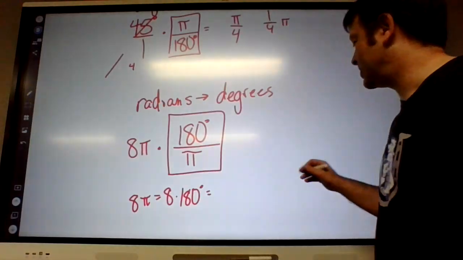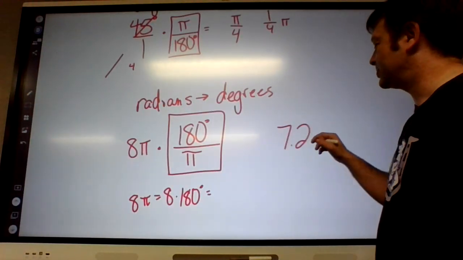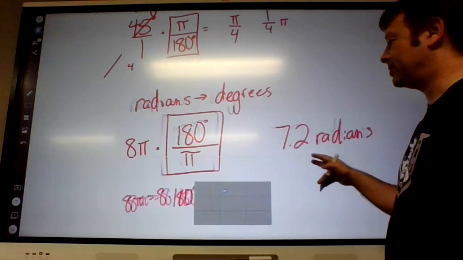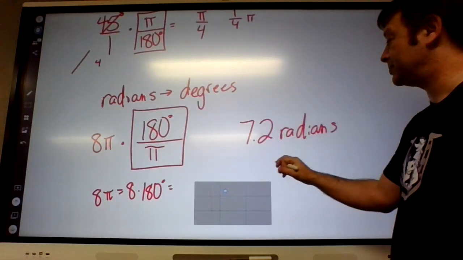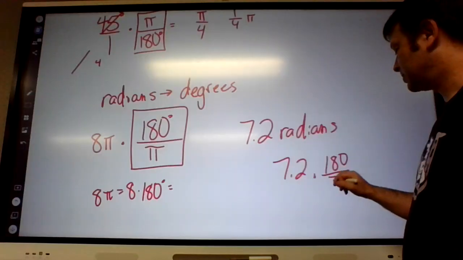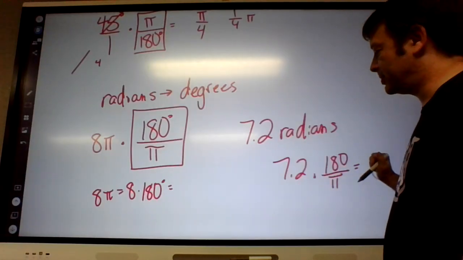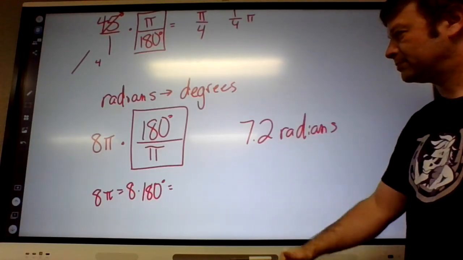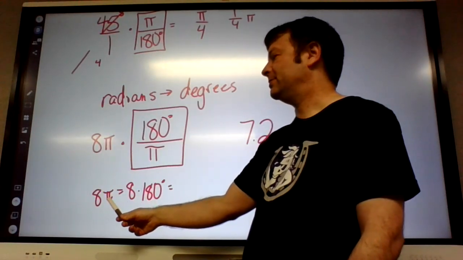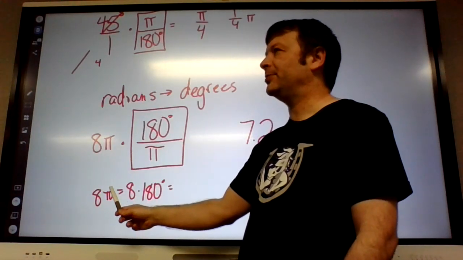Okay, so if they said it's 7.2 radians, which I don't believe they're going to do on this assignment, there's no pi to turn into anything. So you would just have to do 7.2 times 180 over pi, and whatever that is. But if they do have pi, you can use the easier trick. On this assignment, maybe this whole chapter, on the radians you're always going to see a pi.